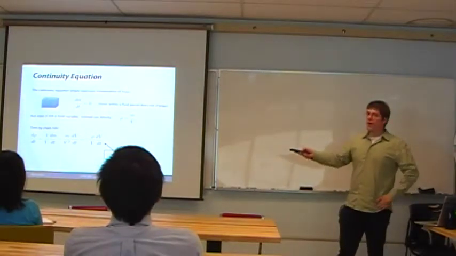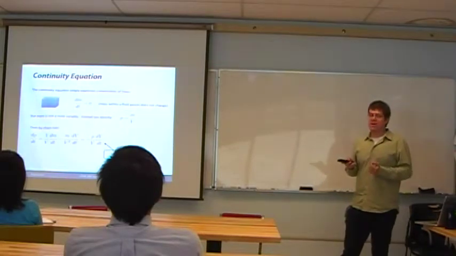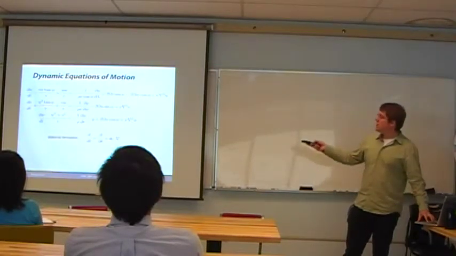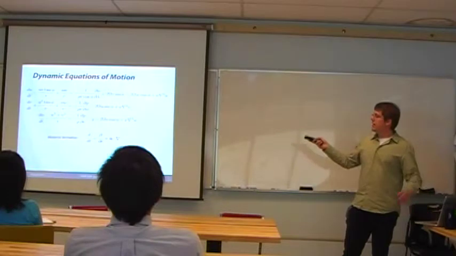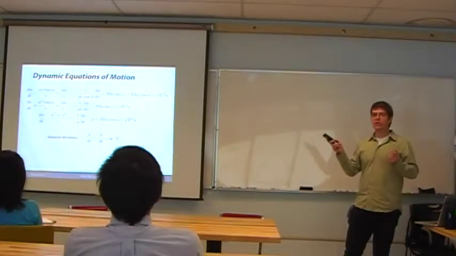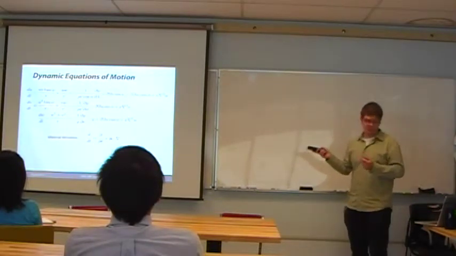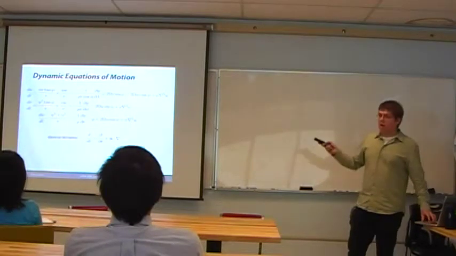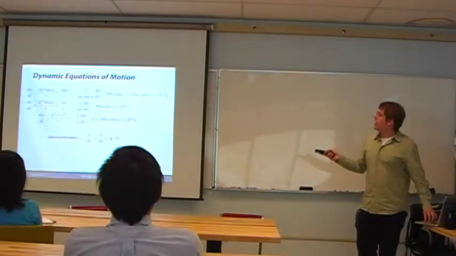So the continuity equation represents conservation of mass. So far, in this system, all we've really represented is the fact that acceleration is equal to force divided by mass. And I have not represented anything to do with conservation of mass so far.